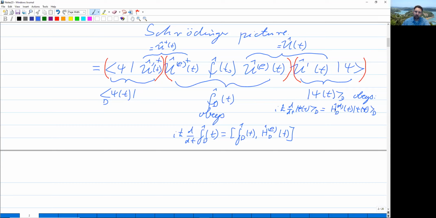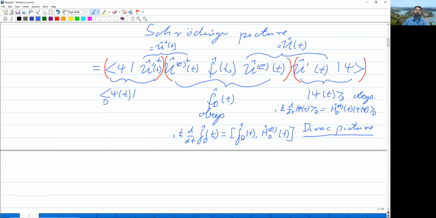So the Hamiltonian as an operator, and all of the operators that are in this Hamiltonian, obey the free evolution, or obey the easy evolution according to H hat E. All right, so this is the Dirac picture here, or interaction picture.